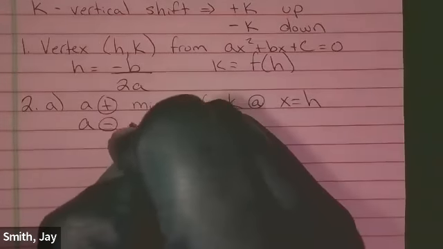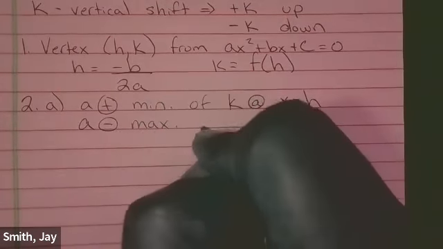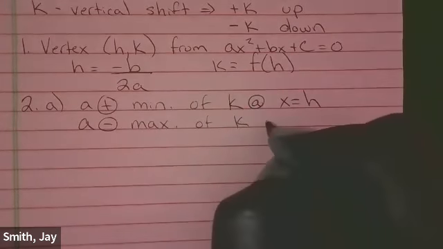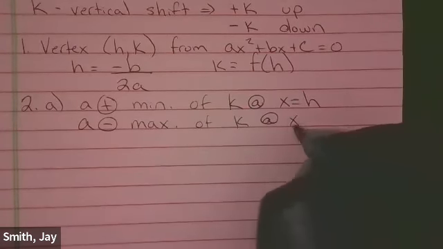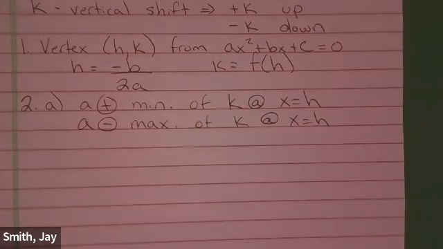So if A is negative, we're going to have a max of K again, and it occurs at X equals H. So whether it's a maximum or a minimum, the vertex is what's representative of that. Now, the way that we can tell if we have a max or a min is if the A is positive or negative. A positive is a min, a negative is a max. All right, but the maximum or the minimum is always a Y coordinate. It always occurs at X equals H, or our X coordinate.